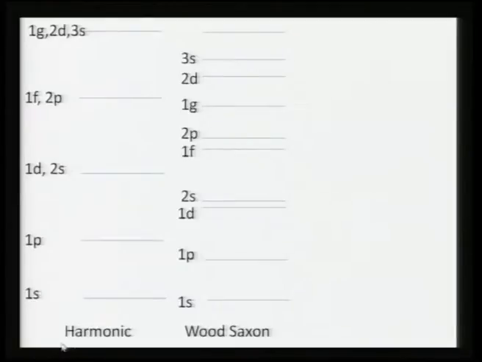Similarly, 2d and 3s have come down, and the last line that you are seeing at the top is coming from 1h. The next level was 1h, and then 2f 3p, those things were there. So, that 1h has come down significantly.